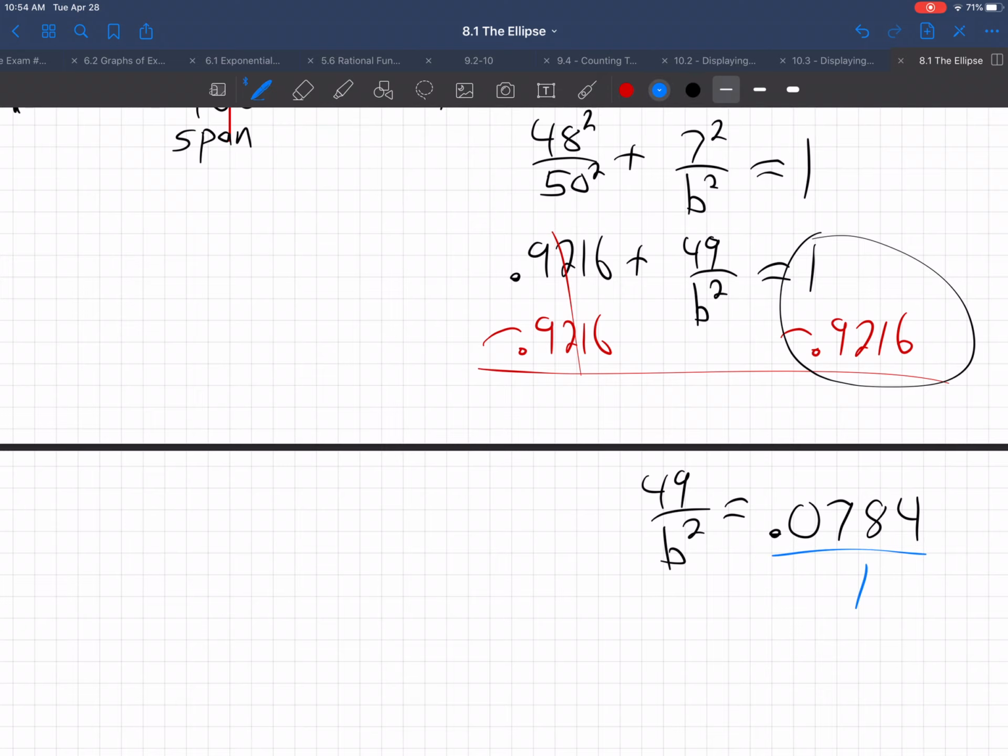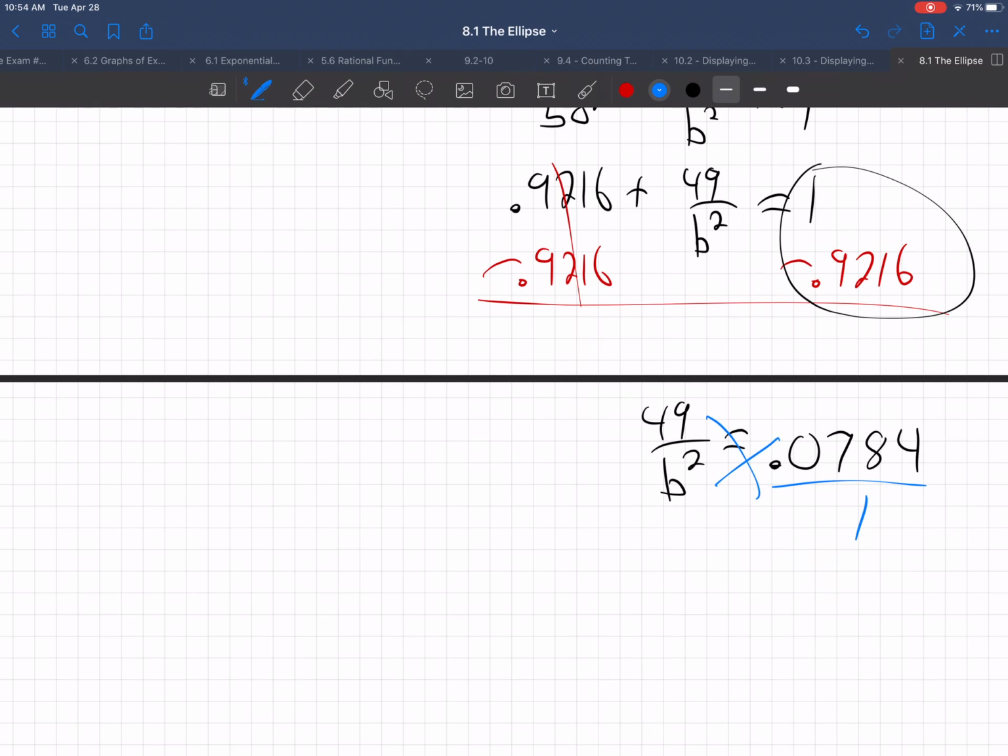Put this over 1. Remember, when you have a fraction on one side of the equal side, diagonal, you multiply. 49 times 1 is 0.0784 b squared. I should move that down. It's kind of cramped in there. So one more time. 49 times 1, right?